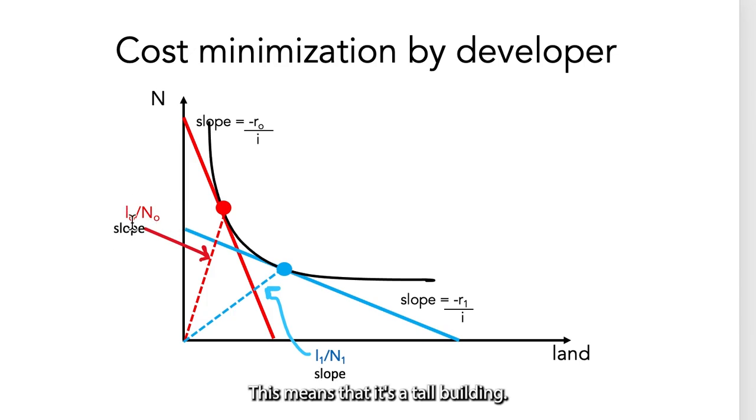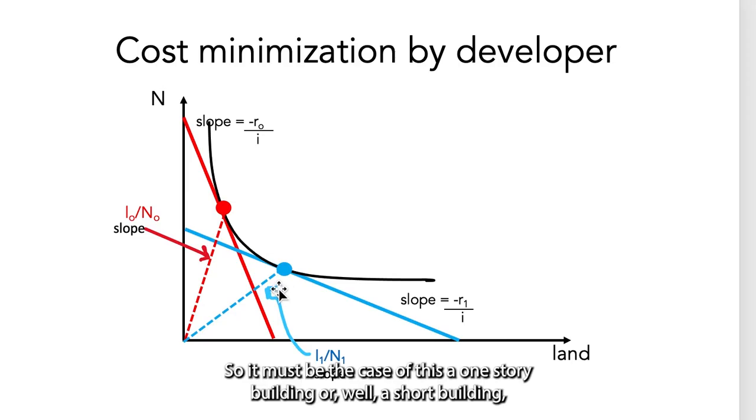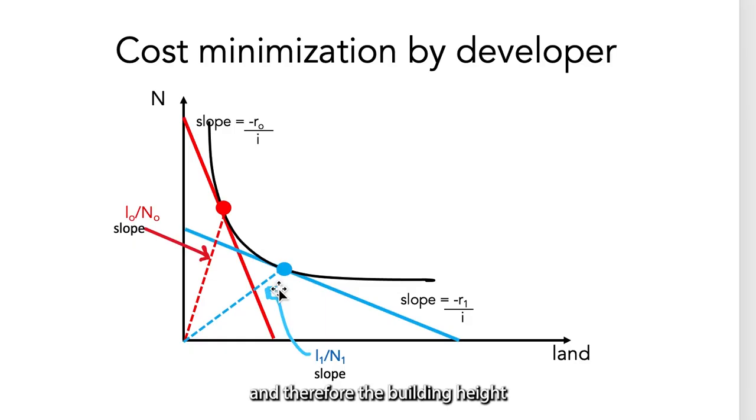This means that it's a tall building. On the other hand, this slope of N1 divided by L1 shows that it has less materials but in a bigger amount of land. So it must be the case that this is a one-story building or, well, a short building. And therefore, the building height will fall as we move away from the core.